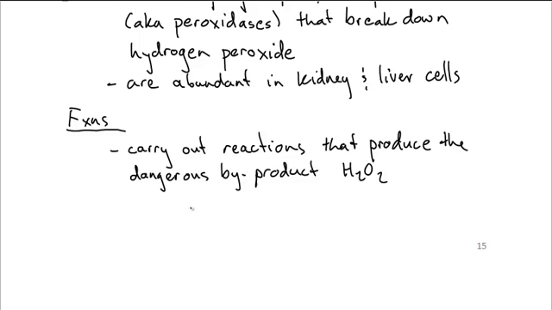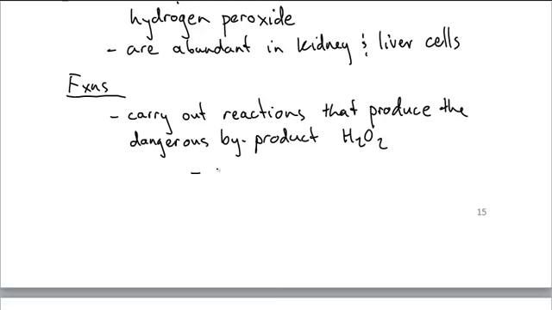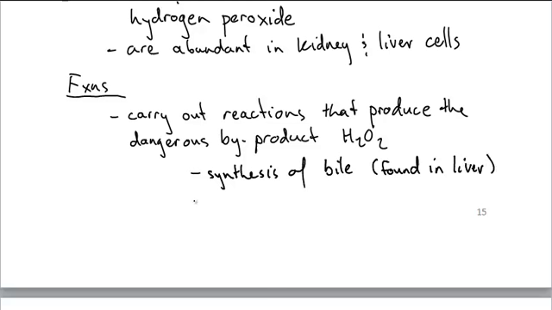So, what type of reactions produce H2O2? Those involved in synthesis of bile acids or bile salts. This is why they're found in liver, because one of the roles of the liver cells is to make bile. And degradation of lipids.